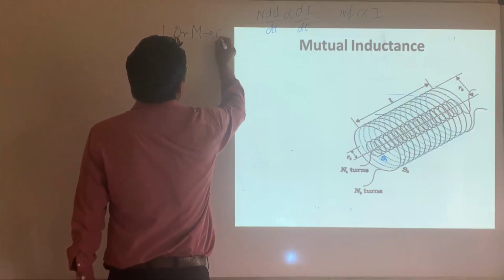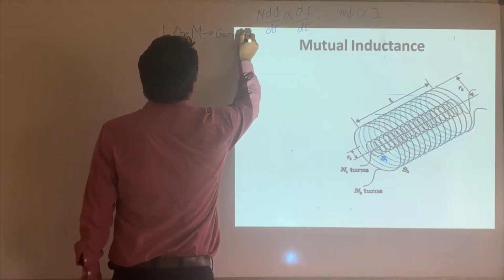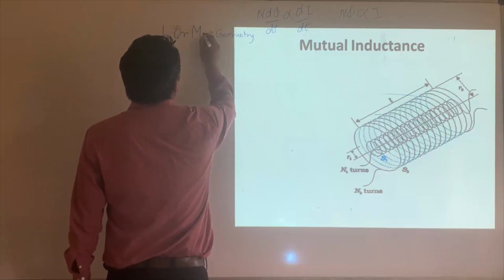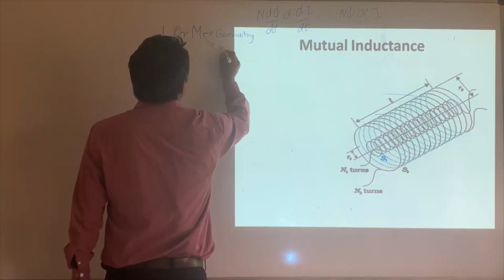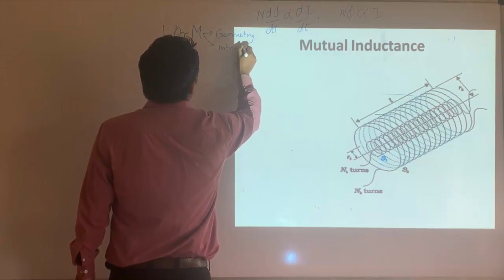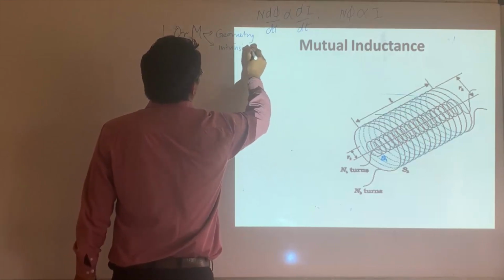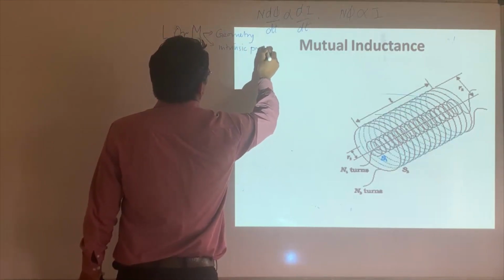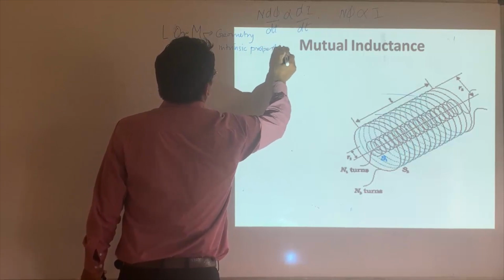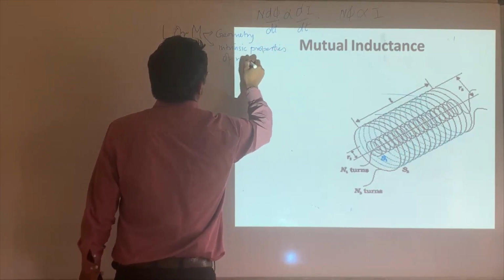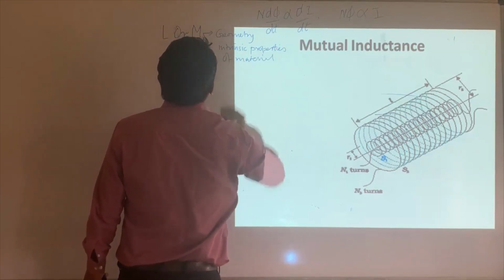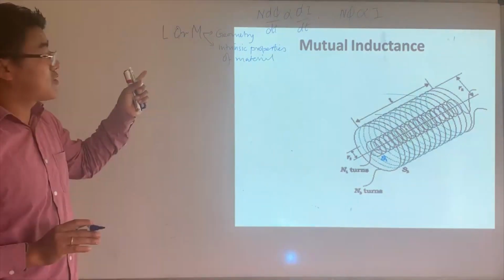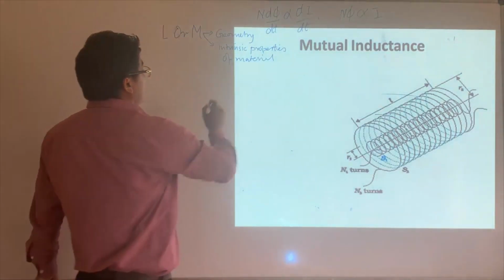One is the geometry of the inductor, another one is the intrinsic property of the material. That we should keep in mind. We'll derive this also.